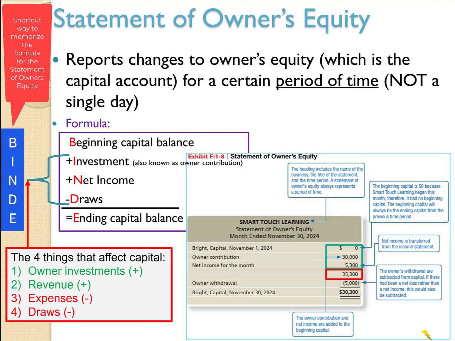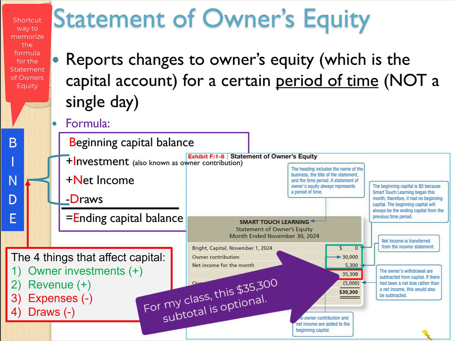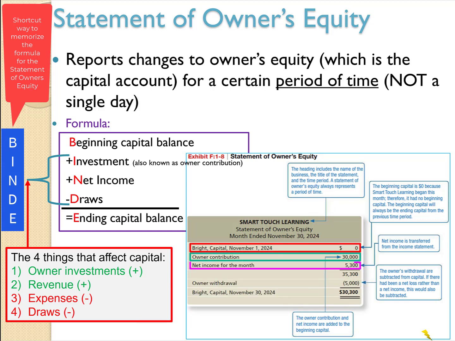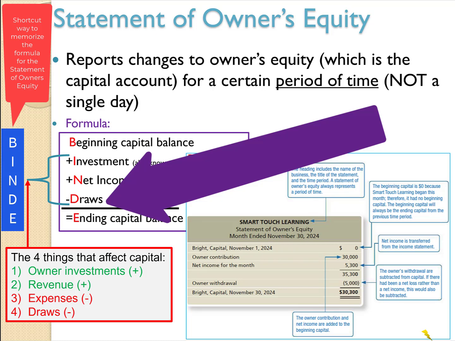Now when you're doing a statement of owner's equity for me, I don't care if you have this subtotal in there or not. It's not really important. The main thing is you have BIND with an E, beginning capital plus investment plus net income minus draw equals ending capital. All right, so next, getting back to my formula, BIND with an E, the D stands for draws, so we subtract draws.